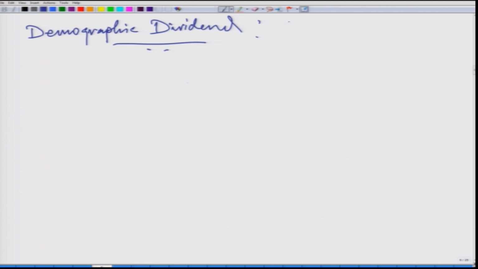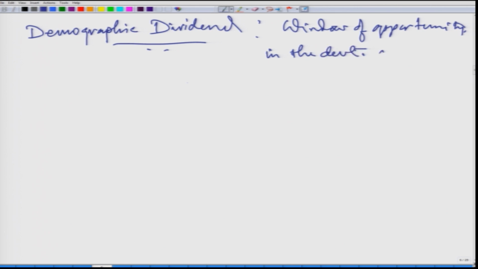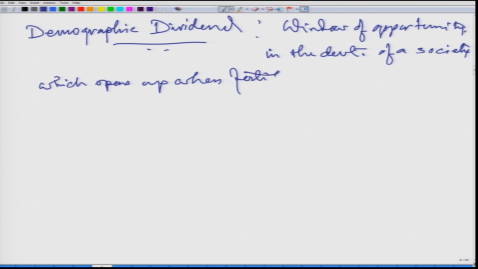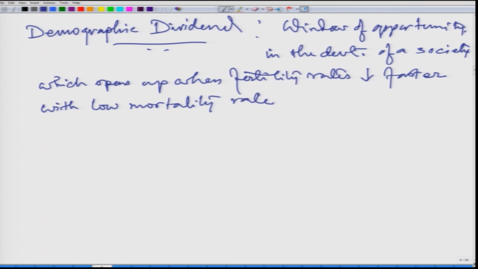Demographic dividend. It's a window of opportunity in the development of a society, which opens up when fertility rates decline faster, and you already have the economically able population with a low mortality rate, combined with effective policies and markets.